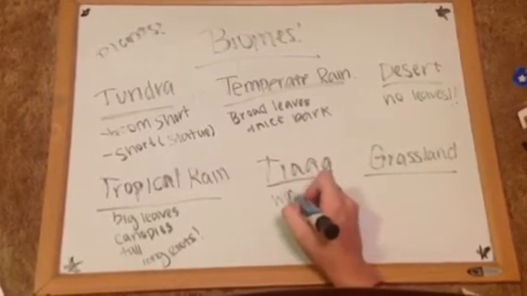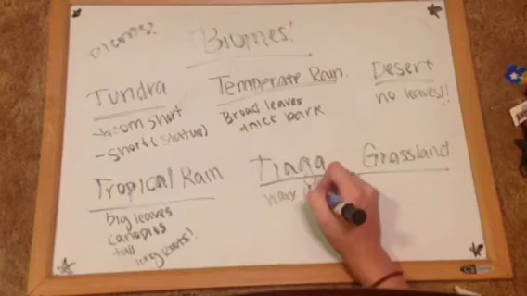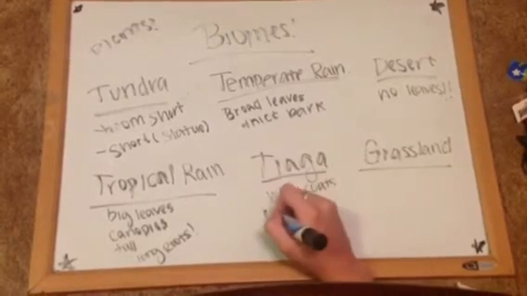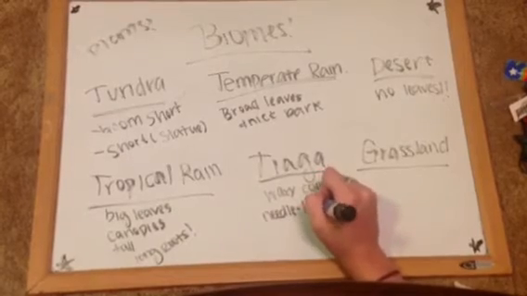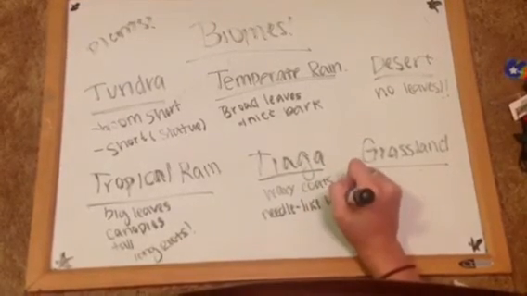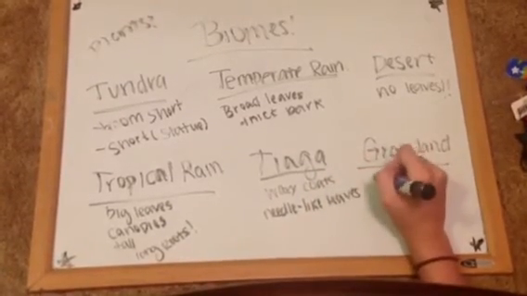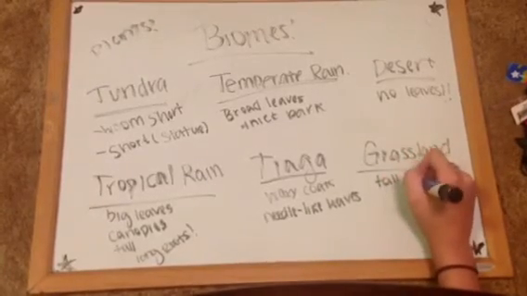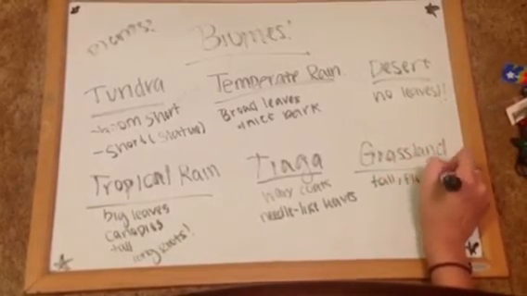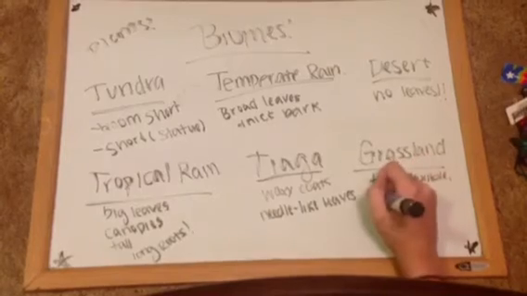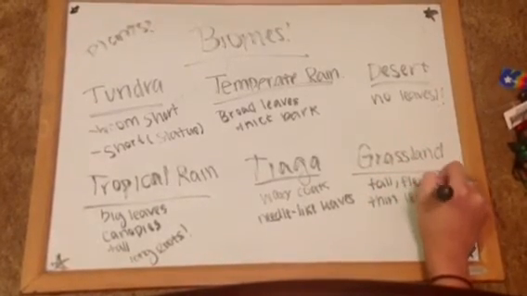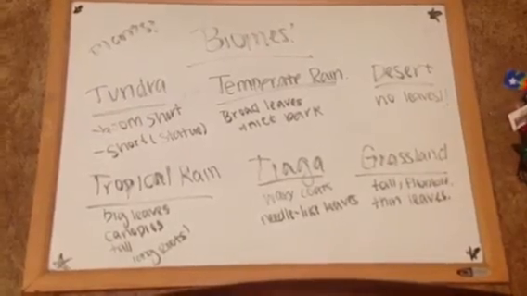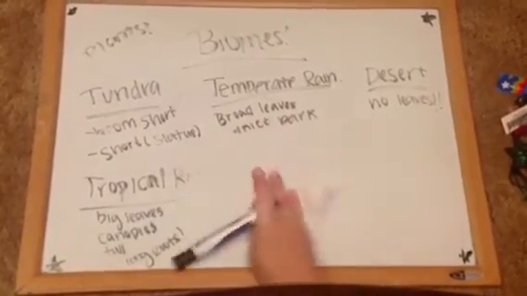The taiga, they have waxy coats trying to keep as much water inward, and needle-like leaves. And the grassland, like the prairies in middle America, they have tall, flexible, thin leaves because there's lots of wind.